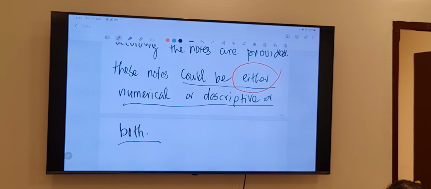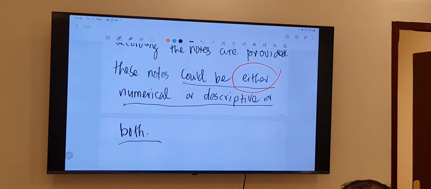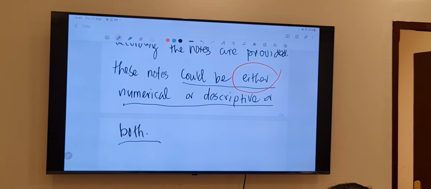Those numbers are not part of the financial statement, but are notes. And some descriptive writing also, text without numbers. Explanation. So it could be either numerical or descriptive or sometimes both. Is that clear? Three choices.